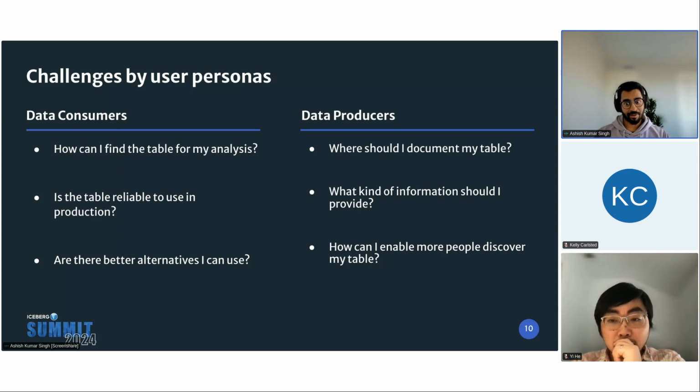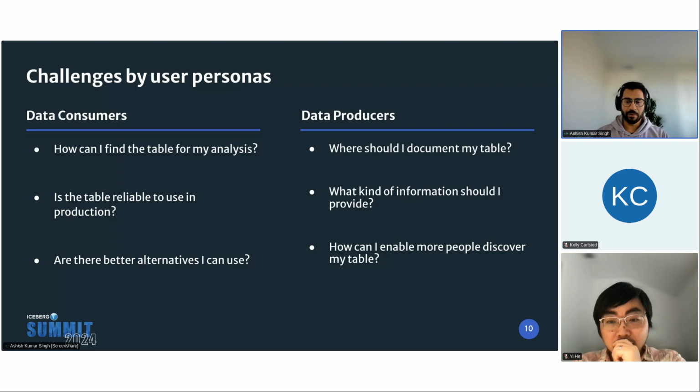Is the table I'm looking at reliable to use in production? Are there better alternatives I can use? Similarly, data producers, when they're producing data or creating tables, think about questions like, where should I document my table? What kind of information should I provide? How can I enable more people to discover my table?